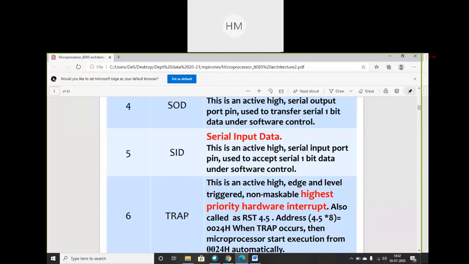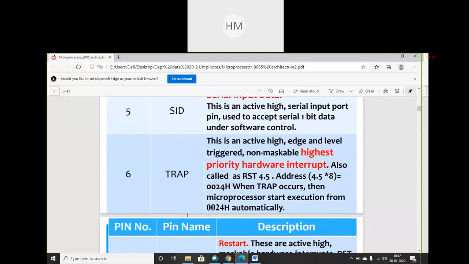Okay. Next pin is TRAP. From here we start with the interrupt control pins. So what is TRAP? To activate this interrupt pin we have to generate some pulses. Which type of pulse is required to generate TRAP?